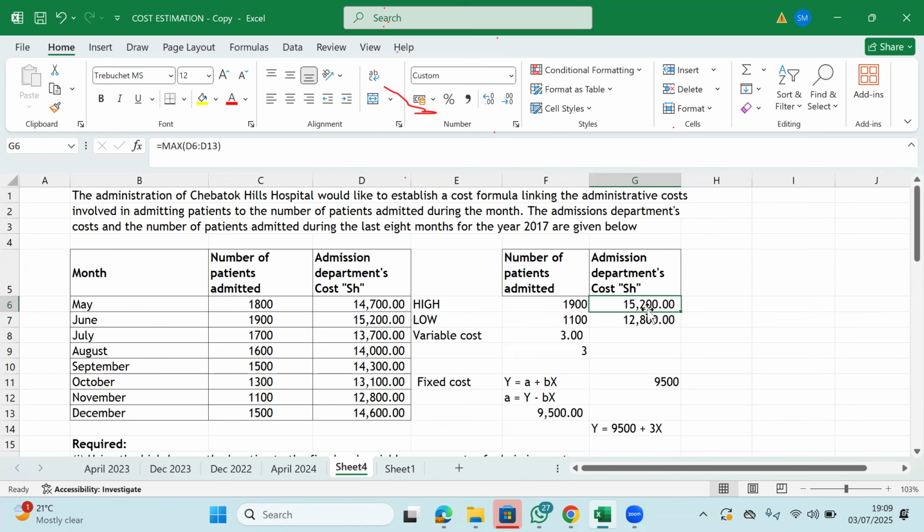What was our B? We said it is the variable cost. Our variable cost is 3. What is the number of units for the high? 1,900. We said X is the number of units. I think that was our position earlier. So of course, still that is what we would have, as far as that is concerned.